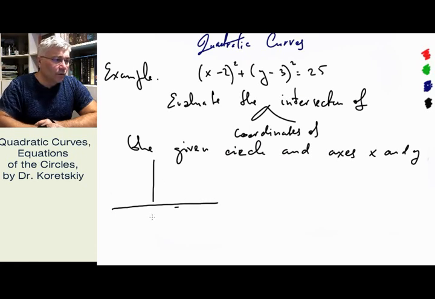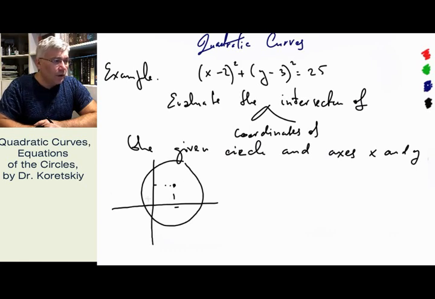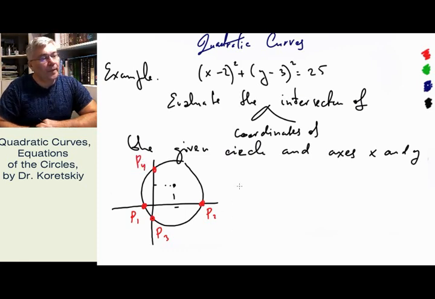So here I have a schematic view. If we have the center point, I don't know, this circle can be like this one, and we have here some intersection points, let's call them P1, P2, P3, P4. So we have here maybe 4 points of intersection.